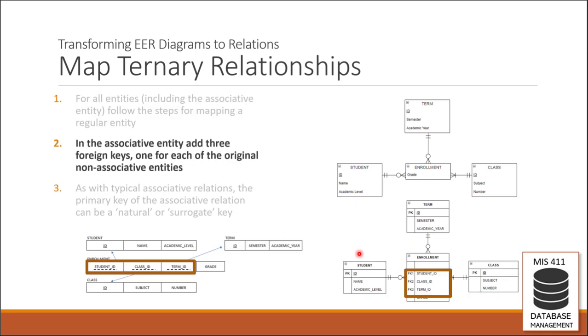In the next phase, and again, this is just like the associative entity mapping that we did in step 4, we're taking a foreign key to each of the original entities and placing them into the associative relation. So as you can see down here, we have foreign keys to student ID, class ID, term, and over here we do the same.